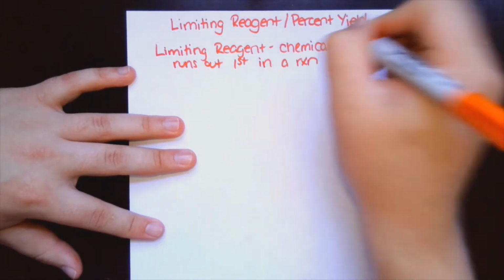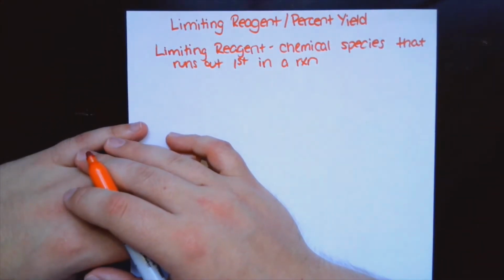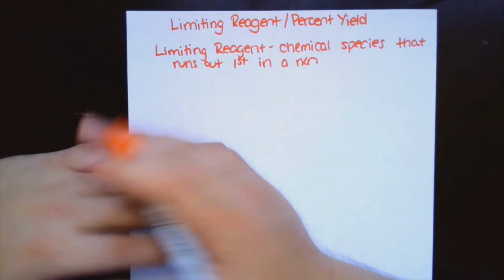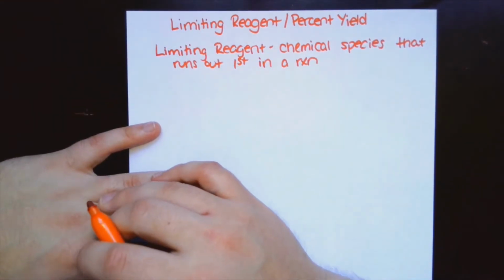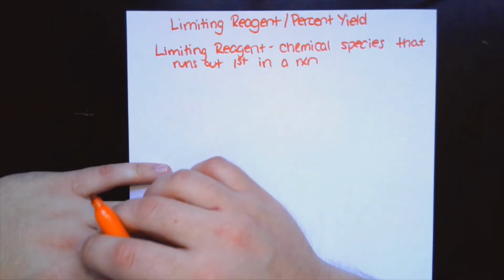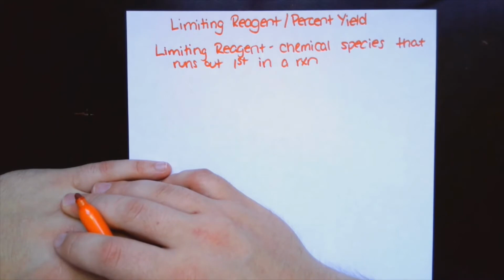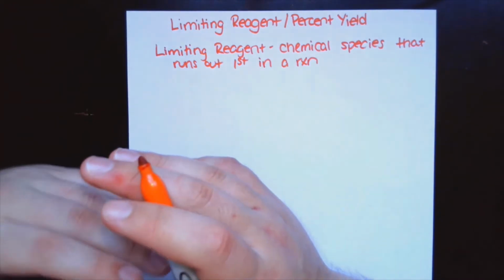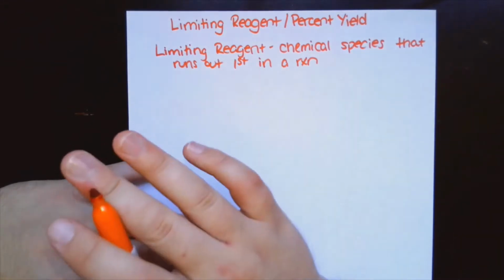Because if one of your reactants gets entirely used up and runs out, well then without one of the reactants that are necessary for the chemical reaction to take place, that limits the ability of the reaction to proceed, and the reaction is done at that point. So again, another point is that the limiting reagent will always be used up in its entirety.